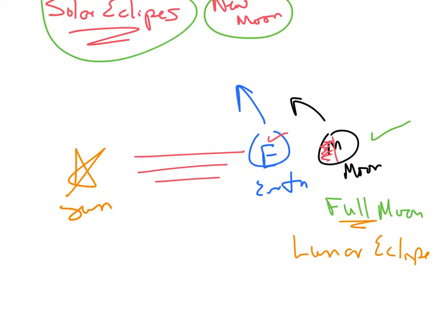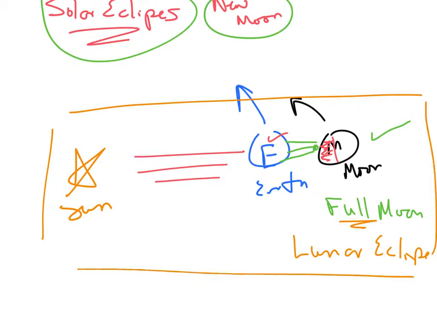But if it's lined up just right, the Earth casts a shadow. It would always cast a shadow into outer space, but the moon passes directly into the shadow that the Earth's casting. So again, it's kind of like with a solar eclipse. For a lunar eclipse to happen, the sun, the Earth, and the moon have to be lying in the same plane, lined up just perfect, when the moon is in its full phase.